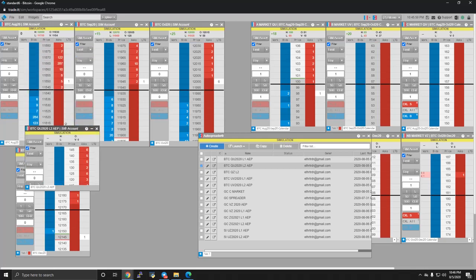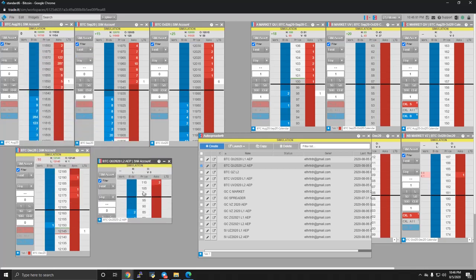So we have the QU spread, and we're going to bid 95s, and we're going to offer 105s, although we could offer 100s, so we're going to offer 100s.